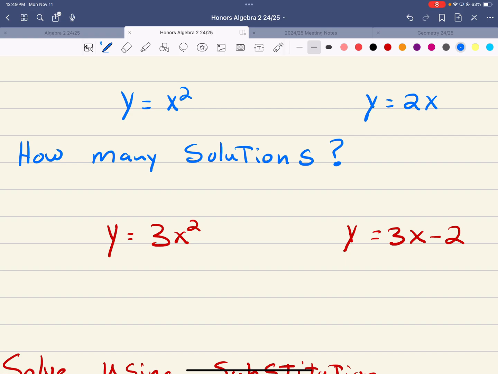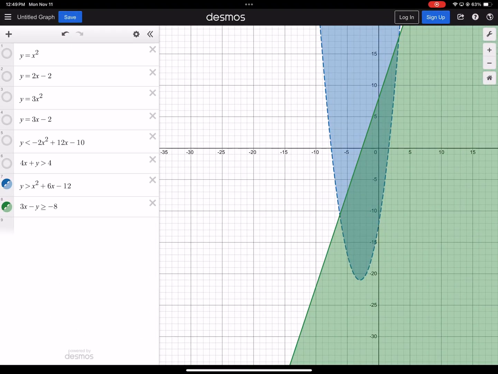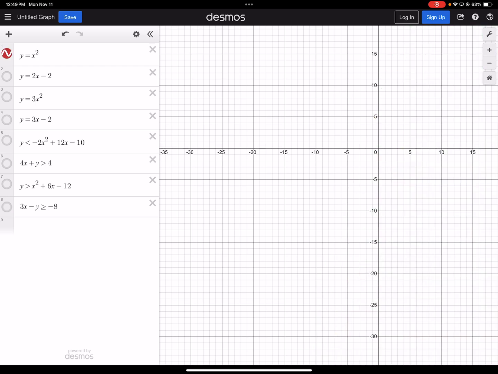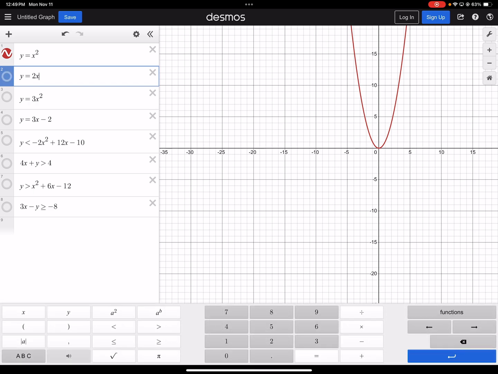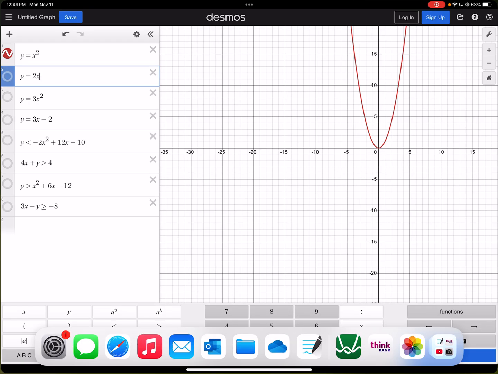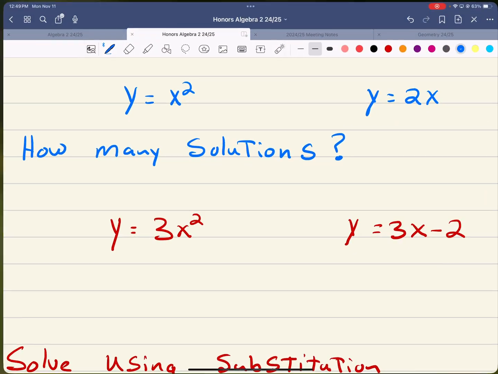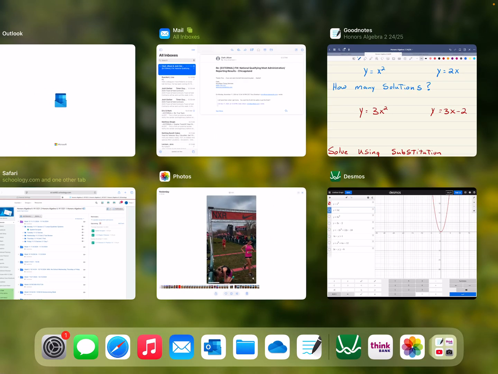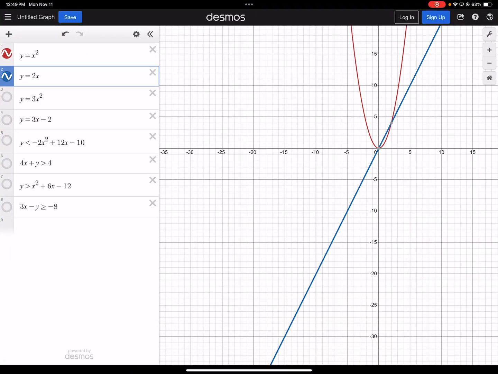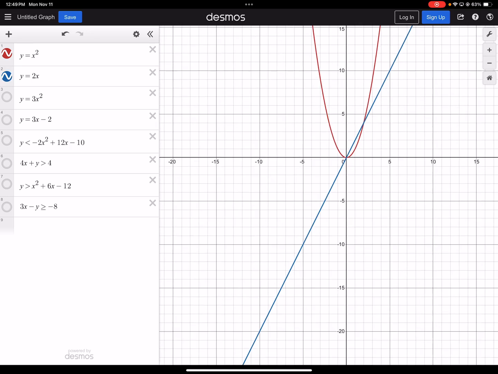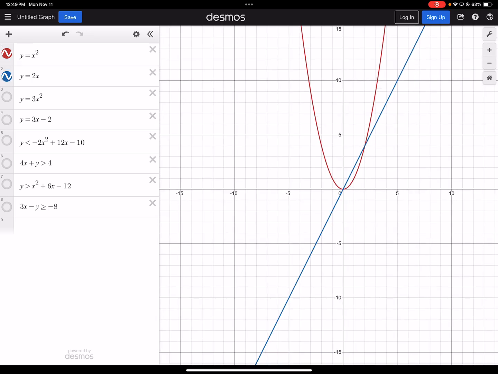If we look at these 2, I'm going to look at it on Desmos to show you. If we look at this at Desmos, there's y is equal to x squared. The other one was just 2x? I forgot what the other one was. Just y is equal to 2x. So y is equal to 2x is right there. So there are our 2 equations.